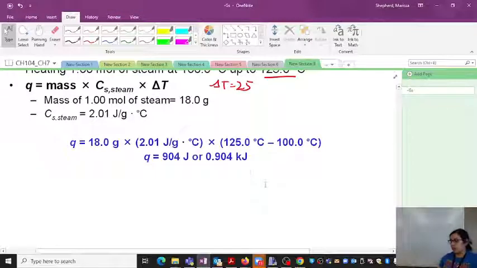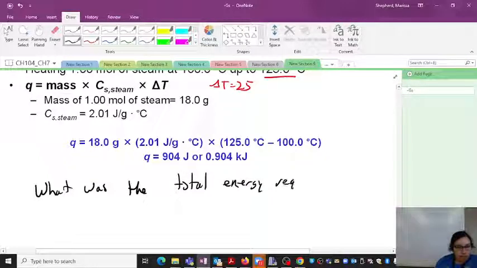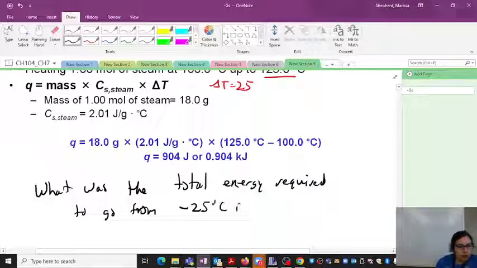And now the final question would be, what was the total energy required to go from negative 25 degrees Celsius ice to 125 degrees Celsius steam?